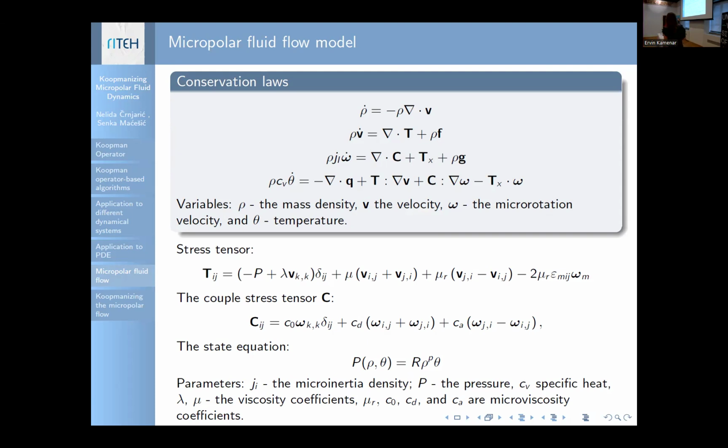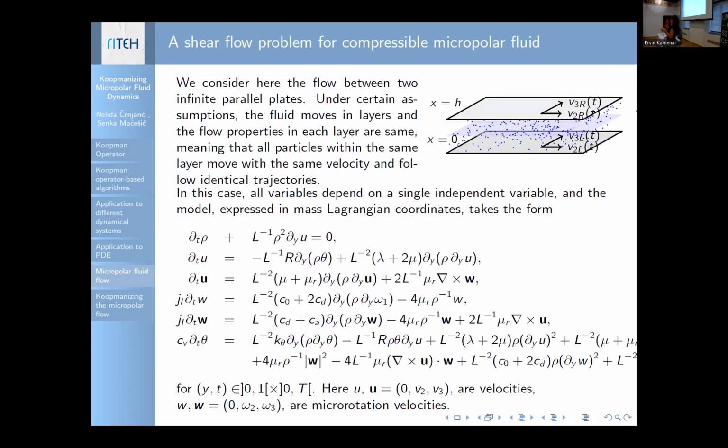Now the stress tensor that is symmetric in classical fluid is not symmetric anymore, and additionally a coupled stress tensor appears, and so on. What I thought was that with micropolarity we will obtain a richer space of eigenstructures, but actually you will see that this will not happen.